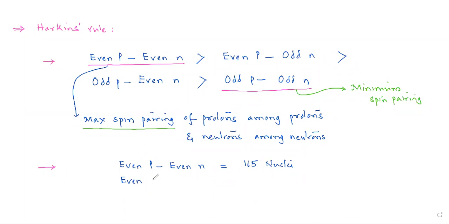Coming to even protons, odd neutrons, we have about 55 such nuclei. Then coming to odd protons, even neutrons, almost the same as the previous one, about 50.